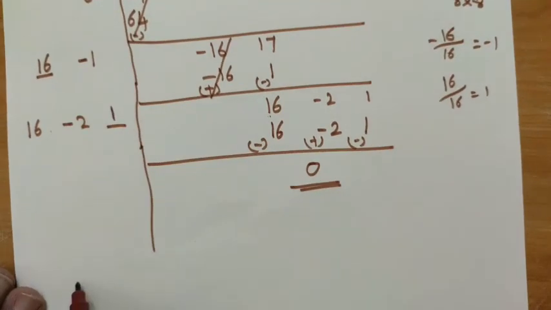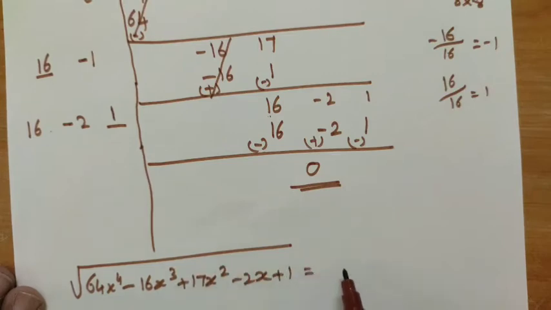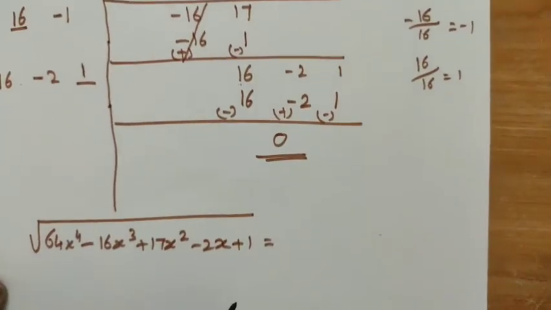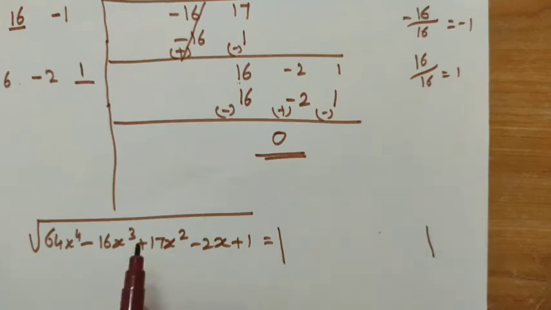When we are writing the answer, use square root, that is 64 x power 4 minus 16 x cube plus 17 x square minus 2x plus 1, that is the given question, right? It is equal to, whenever you are writing the value of the square root, use the modulus value, because it is not a negative value. When you are finding the square, it is not a negative value.